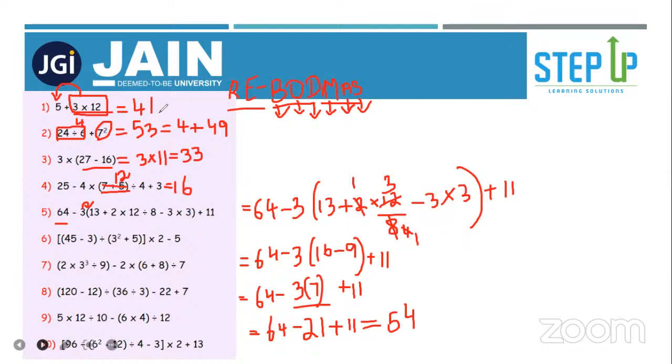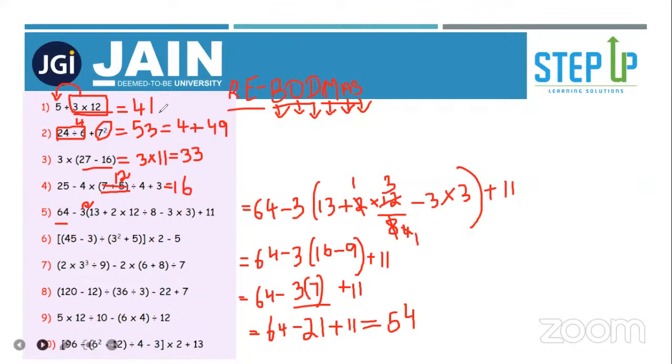Okay, what is 24 divided by 6? Four, sir. Plus, there is a plus sign in between. And 7 square, what is the answer? 14.